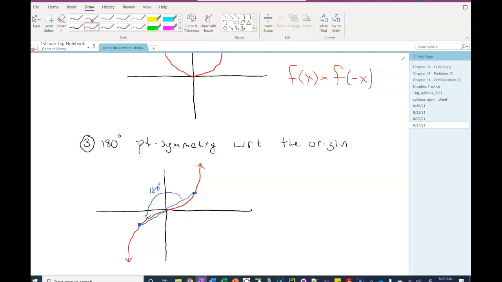So with respect to the origin is telling us where the pivot is for the rotation, and the 180 degrees is how far we're rotating, where the pivot is, in this case, the origin.